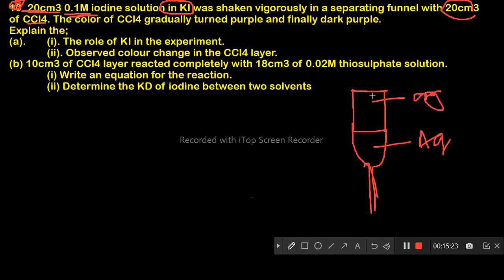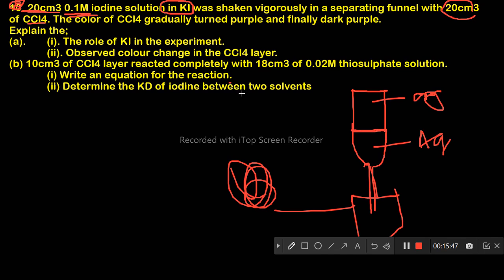And then after shaking, you leave it to settle. And when everything has settled, then you run off the aqueous layer into maybe a beaker or a conical flask, and then you add the starch indicator, and then you titrate using sodium thiosulfate from a burette.